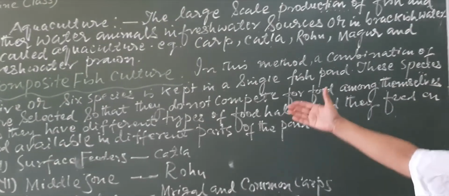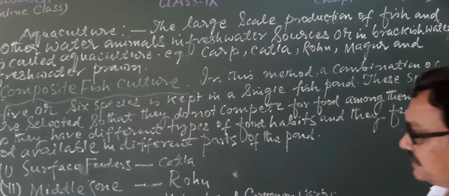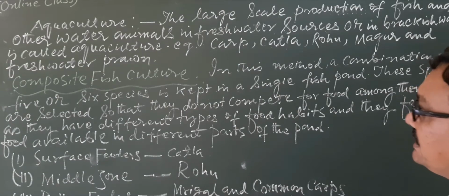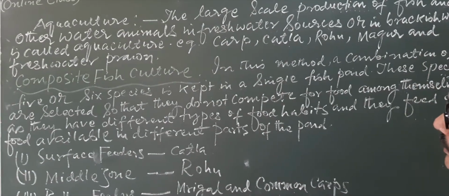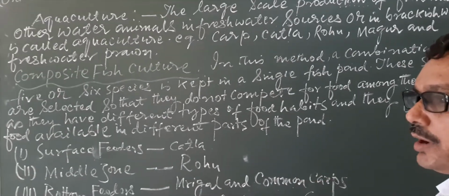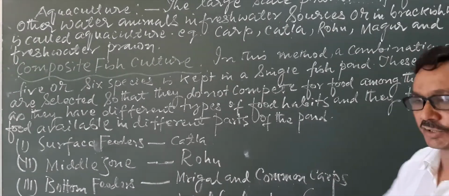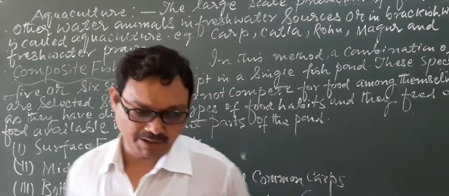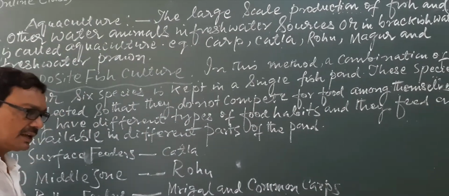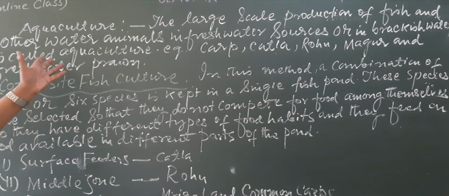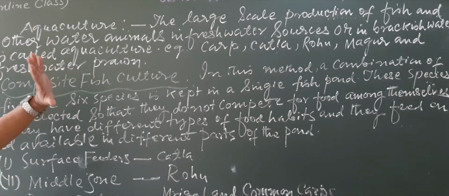In the present discussion, we have seen that if the requirement for fish is not fulfilled by the natural resources, by the fishing practice, that is capture fishing, then there is one more method, that is fish farming.